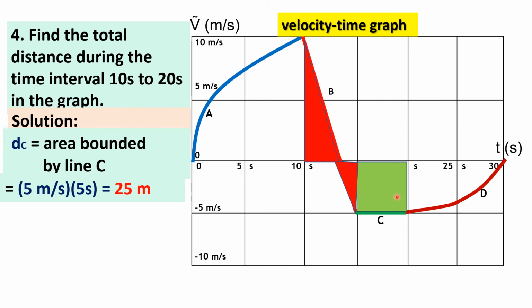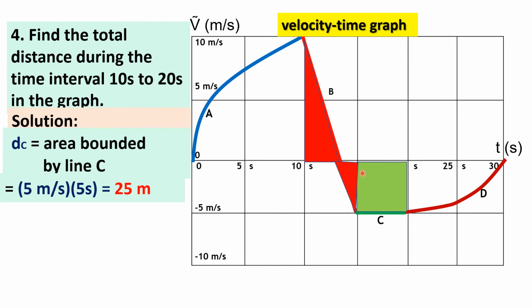For the side that is along the vertical, representing the change in velocity, that's equivalent to 5 meters per second. Just like earlier, we disregard the sign of our velocity change because, again, we are just determining the distance and not the displacement.